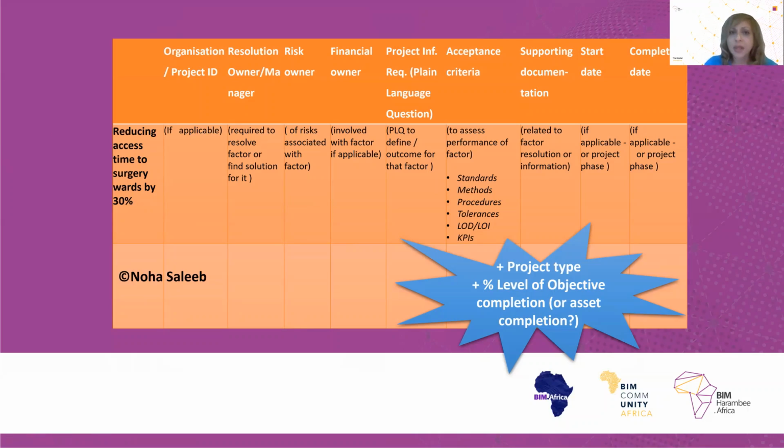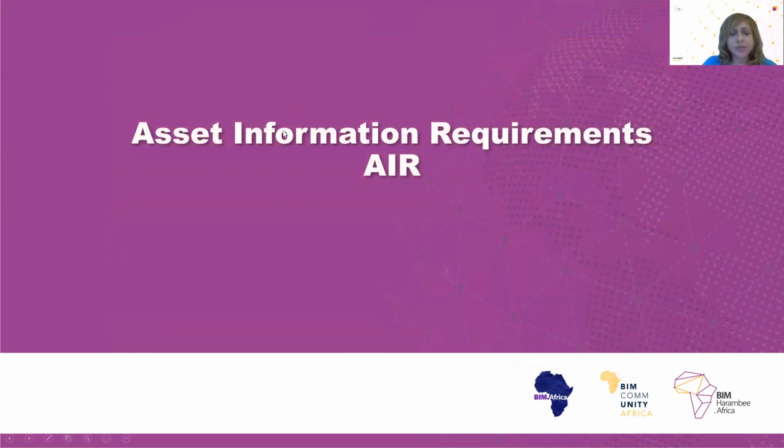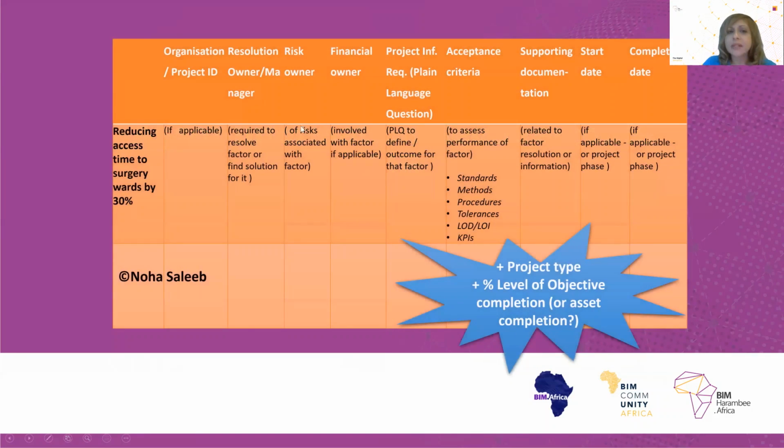Who's responsible for that particular objective? Who is the risk owner? So, sorry, who would be held accountable to mitigate if things go wrong with that particular objective? Who is the financial owner of that particular objective to make it happen and for its mitigation, for example?